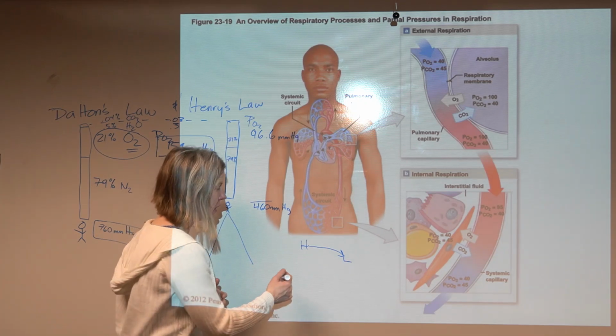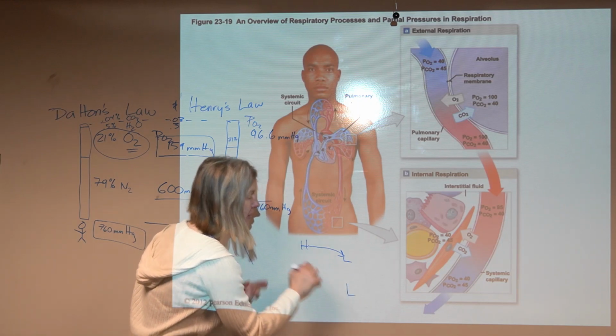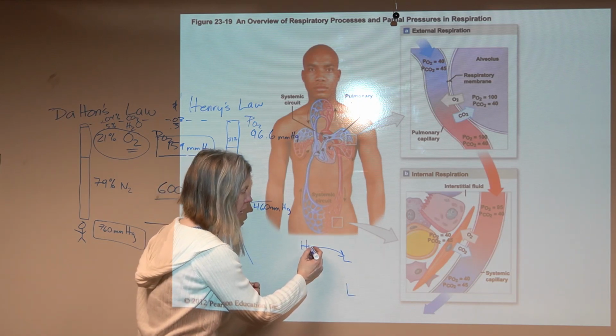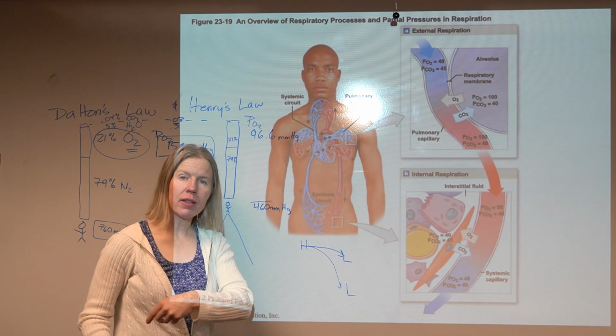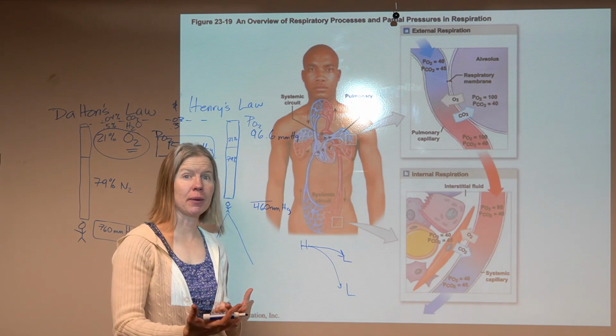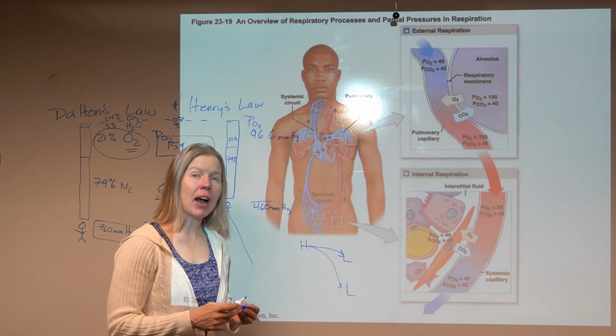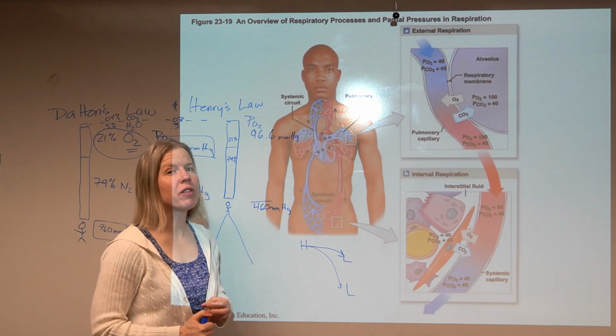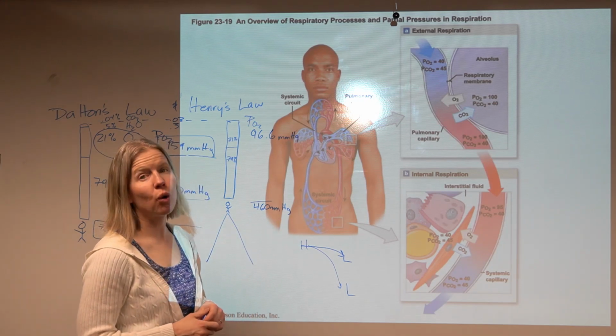If instead you have a very steep concentration gradient, that gas is going to diffuse very rapidly, and that's what we want to have happen at the lung to move that oxygen into the blood quickly.